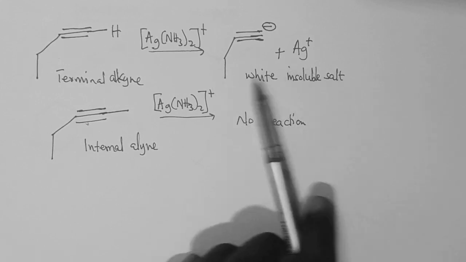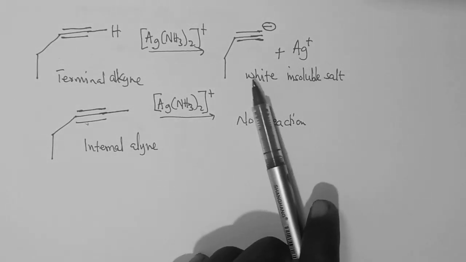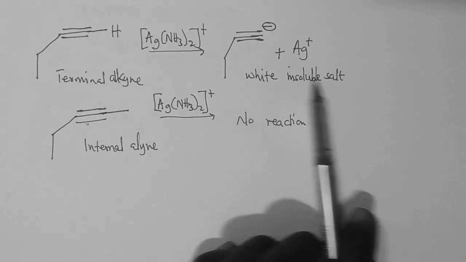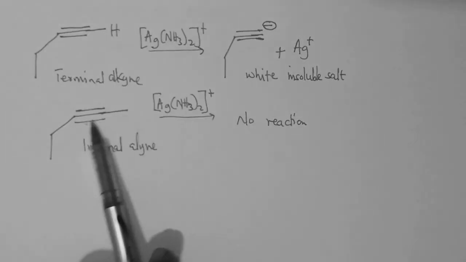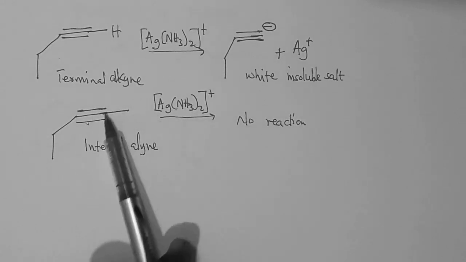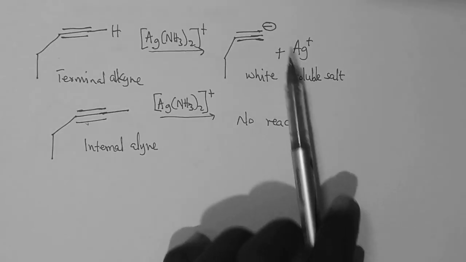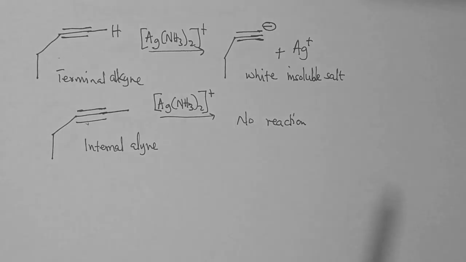It is this silver that forms a mirror in the test tube, confirming the presence of a terminal alkyne. But for the internal alkyne, there will be no such reaction. So this is a simple test to distinguish between a terminal alkyne and an internal alkyne.